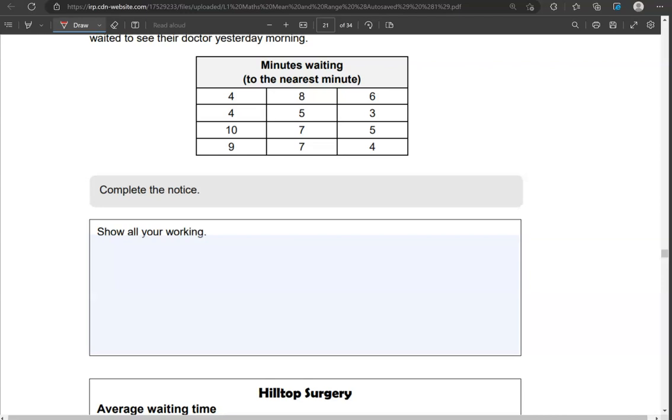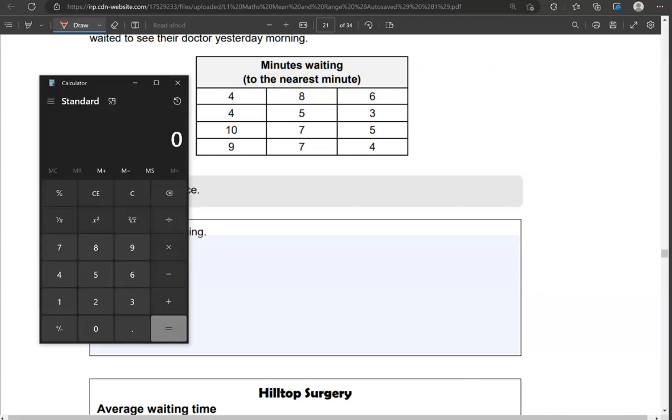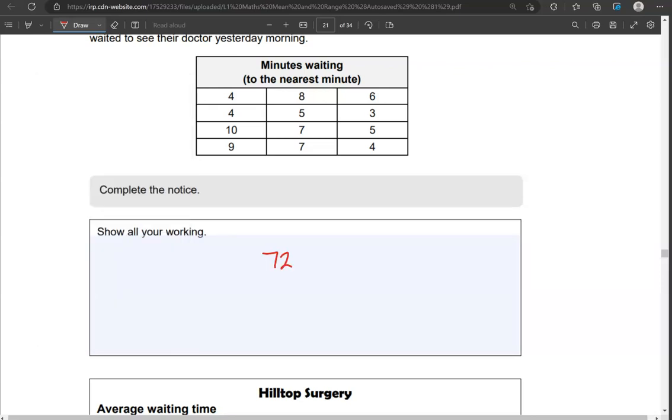So we're going to add the numbers together: 4, add 8, add 6, add 4, add 5, add 3, add 10, add 7, add 5, add 9, add 7, add 4, which is 72. And we're going to divide by 12.